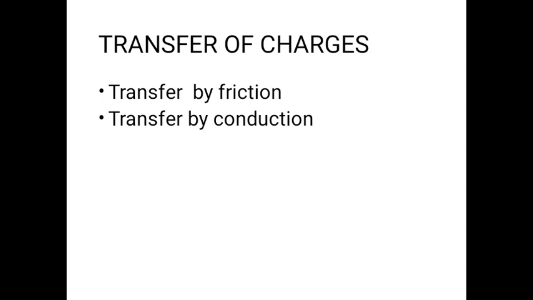You already know that friction is nothing but rubbing of two objects. Here we just rub the comb on our hair and the comb gains electrons. Here the comb acts as the negative charge and the paper acts as the positive charge.